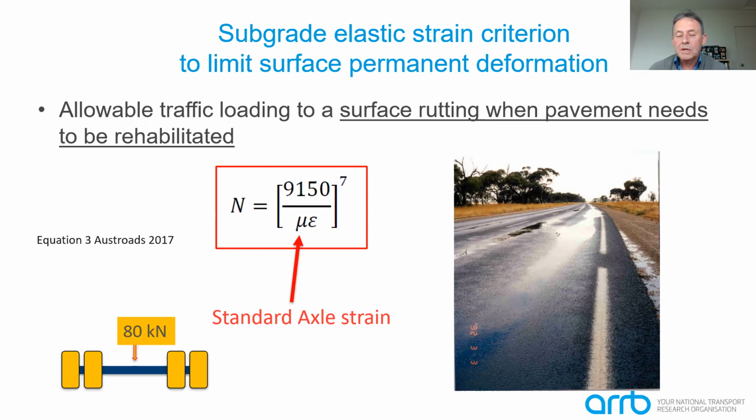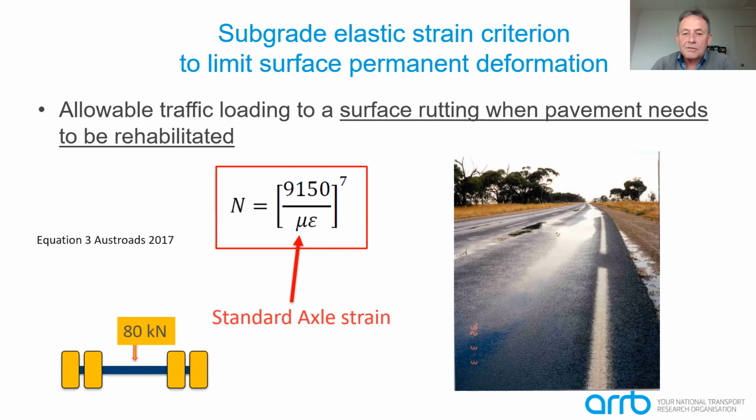We don't specify that in the guide, but as I mentioned last week, my view is it's roughly 10 to 20% of the length with about 20 millimetre rut depths. So that's about the condition in which roads are rehabilitated. It does vary a bit with the importance of the road. For freeways, there might be a different intervention level than a rural highway, for example.